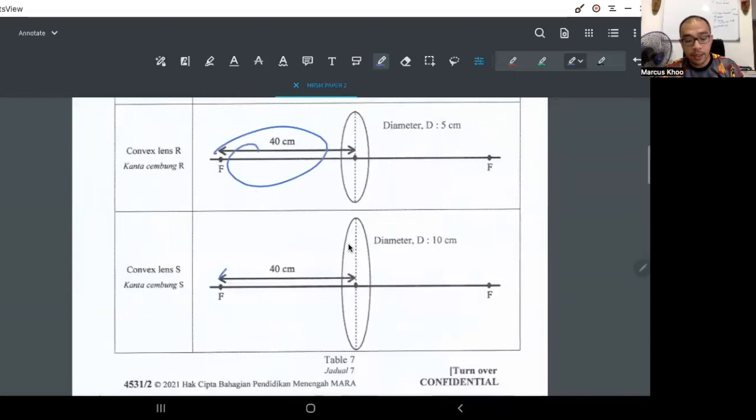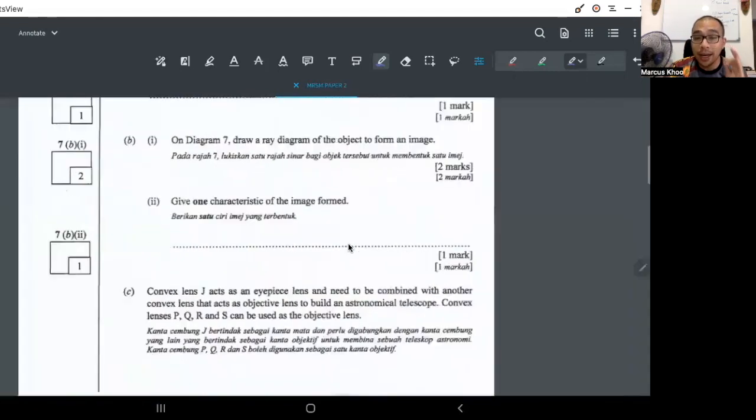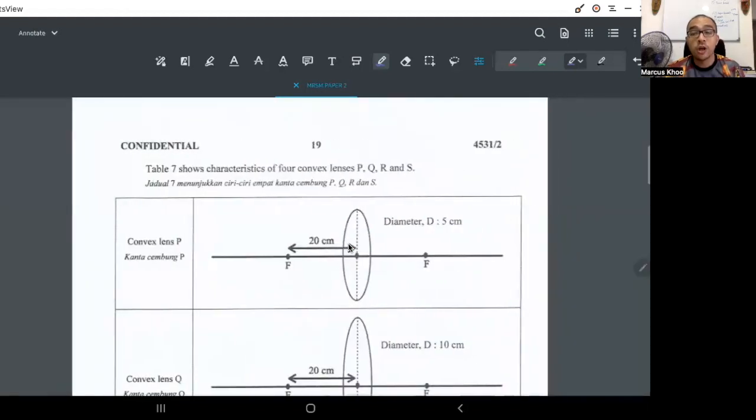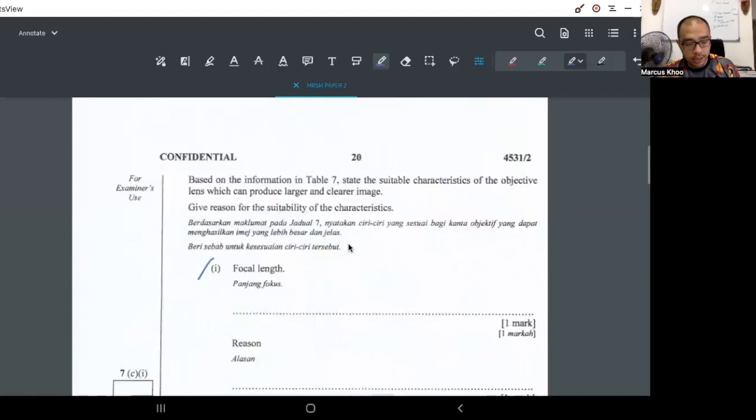Because J is the eyepiece already, we want to combine the J lens with another lens as an objective lens. For the objective lens, we want to look at things from far away, so the focal length must be bigger.